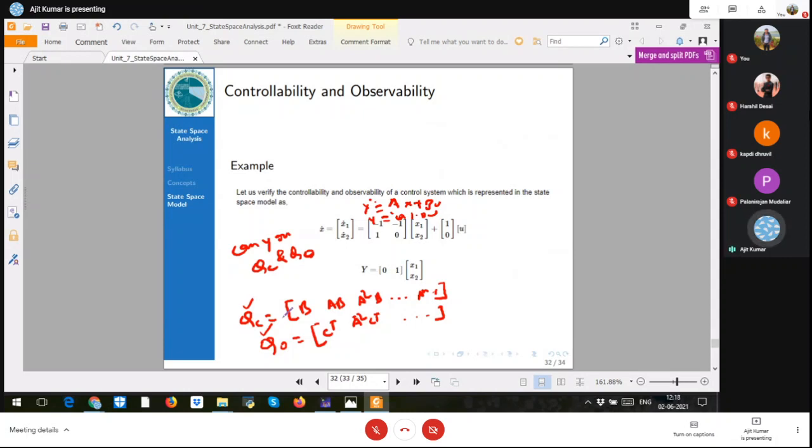Now you know the A matrix, B matrix, and C matrix, and we know QC and Q0 are related to the ABC matrices. QC will be your B, AB, A squared B, etc. Q0 will be your C transpose, and so on. It's just a two by two matrix, so you don't have to go for another matrix. One or two terms are enough for that. So, did anyone get the answer?